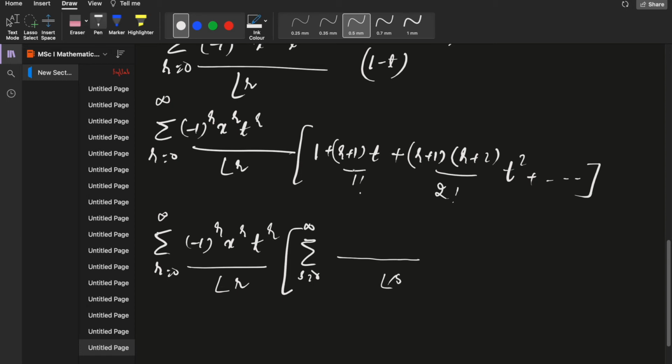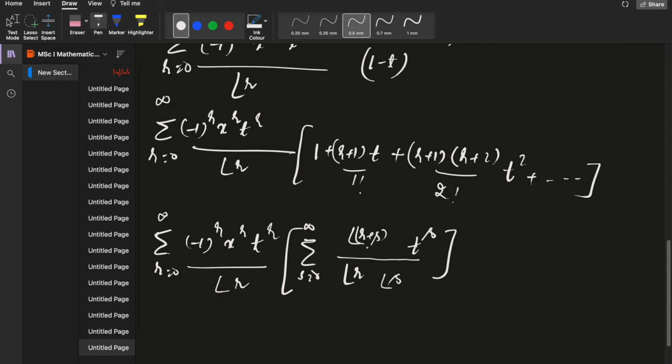The term r plus 1 and so on can be written in factorial form as factorial r plus s upon factorial r factorial s, and the second term is t to the power s.